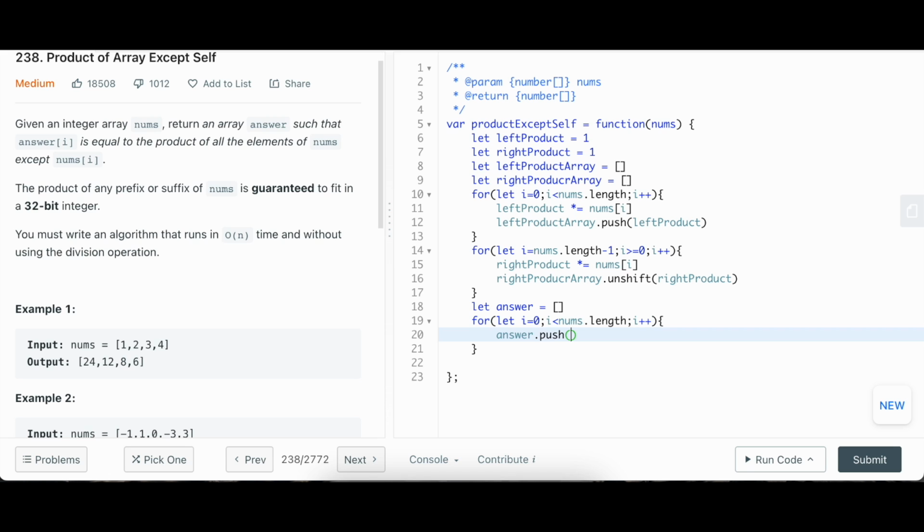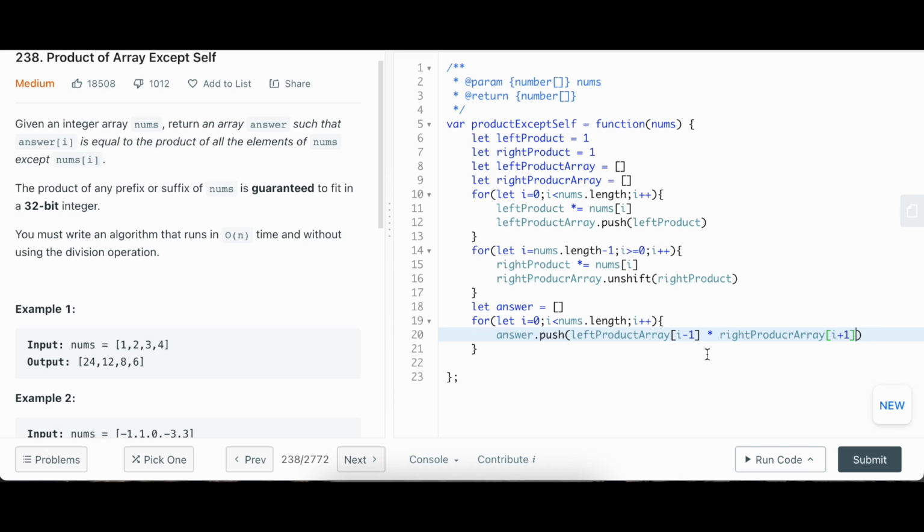Got it? So from the left product array, we need the element that is before the current element, and from the right product array, we need the product of all the elements that are to the right side of it, right?